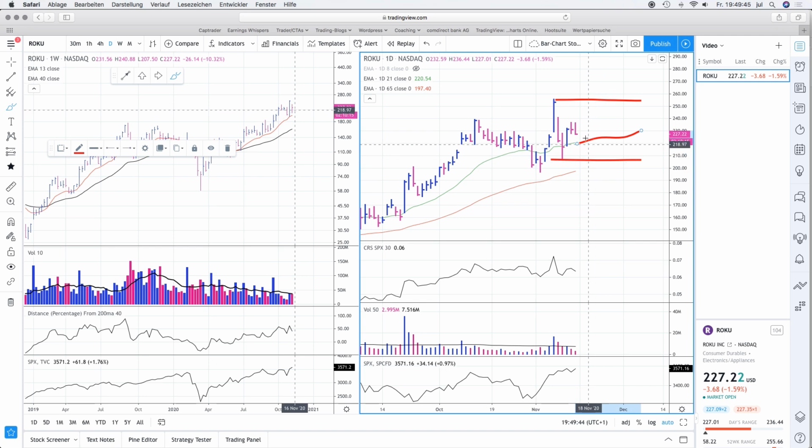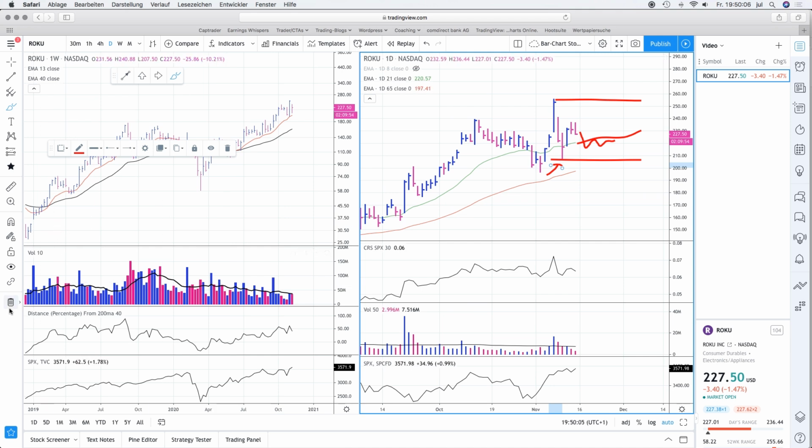And when the price drops below the EMA 21, I will sell more, or if the price drops below this low, I will definitely sell the biggest part of my position, or I will be out completely and wait for a new setup.